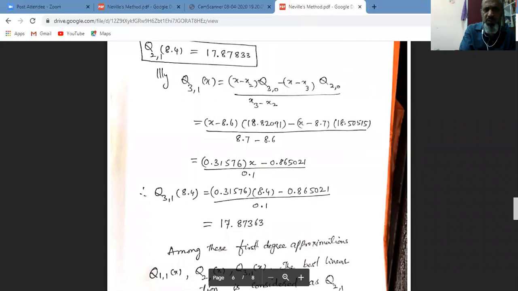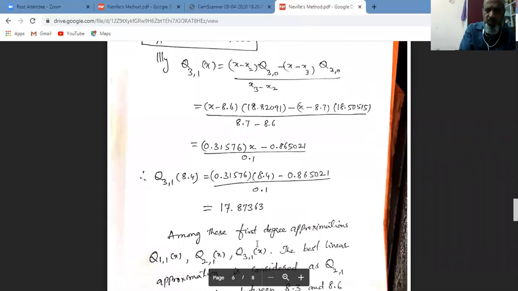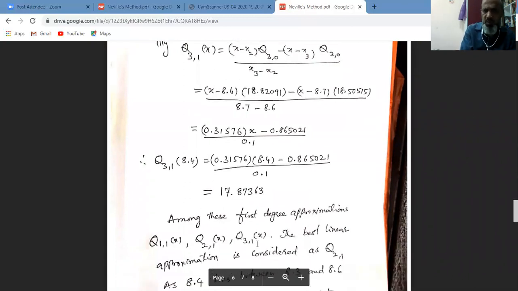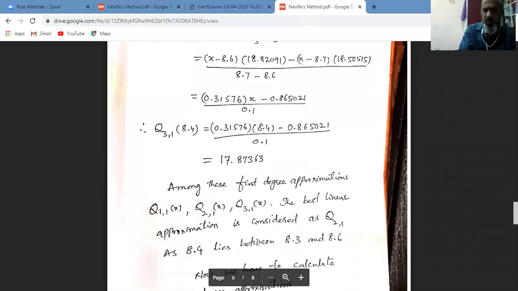So we got all the first degree approximations q1,1, q2,1, q3,1. In first degree approximations q11(x), q21(x), q31(x), the best linear approximation is considered as q2,1. So q2,1 is the best linear approximation of first degree, as 8.4 lies between 8.3 and 8.6.